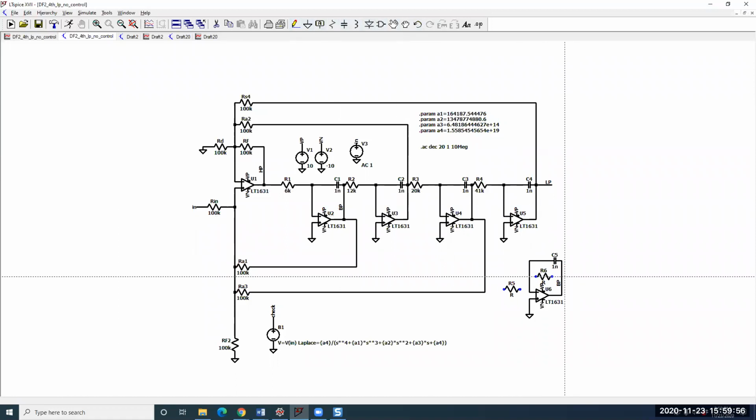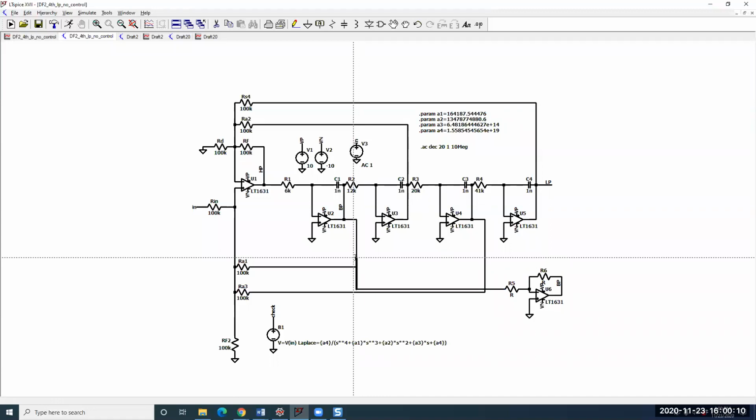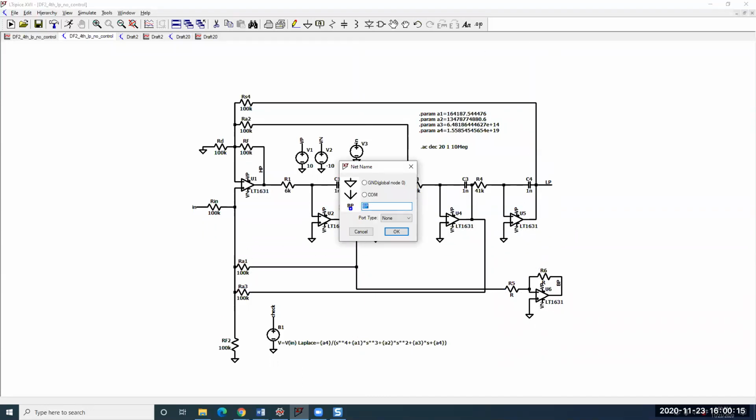And so I just have to kind of invert it. Okay.